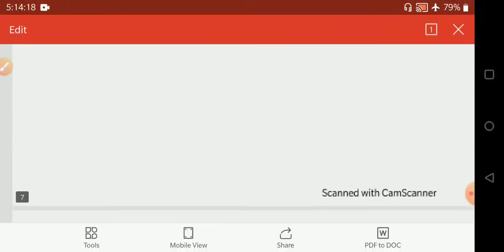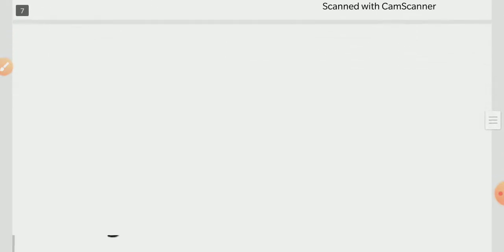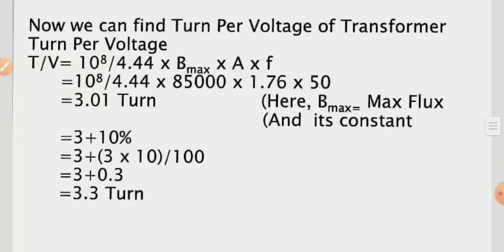Now we can find turns per volt. Turns per volt is given by 10 to the power 8 upon 4.44 into B max into A into F. Here B max is the maximum flux density and it is constant.